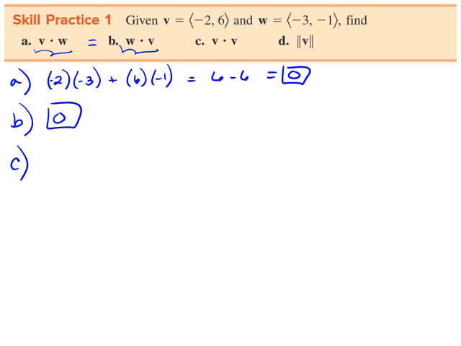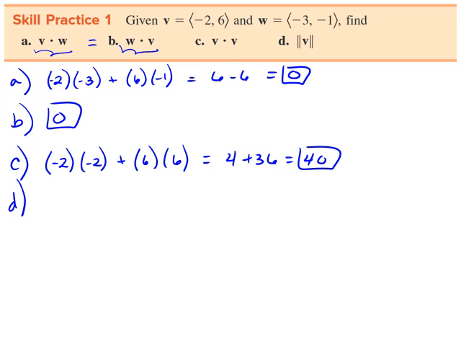Part C would be found by taking -2 times -2 plus 6 times 6, which is 4 plus 36, or 40.